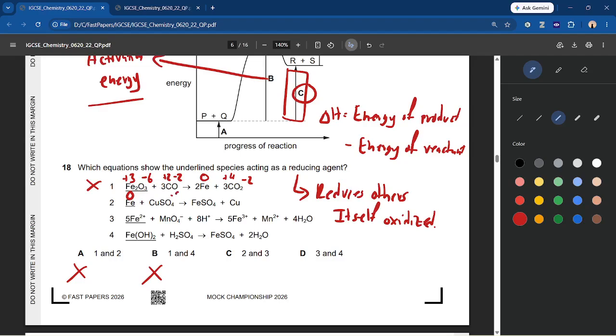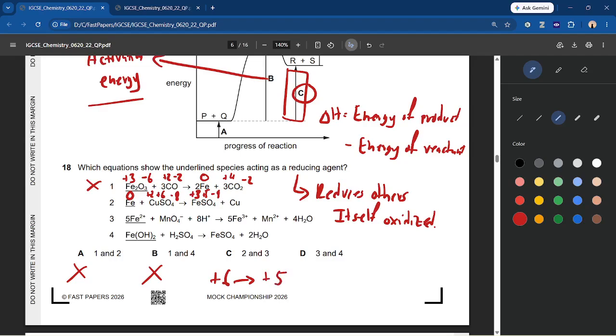Oxygen over here is -8. So copper, let's assume, is +2, and sulfur is +6. So iron can go either +2 or +3. So let's assume that iron itself goes to +3. This is -8, and sulfur is +5. So it's reduced because it went from +6 to +5.